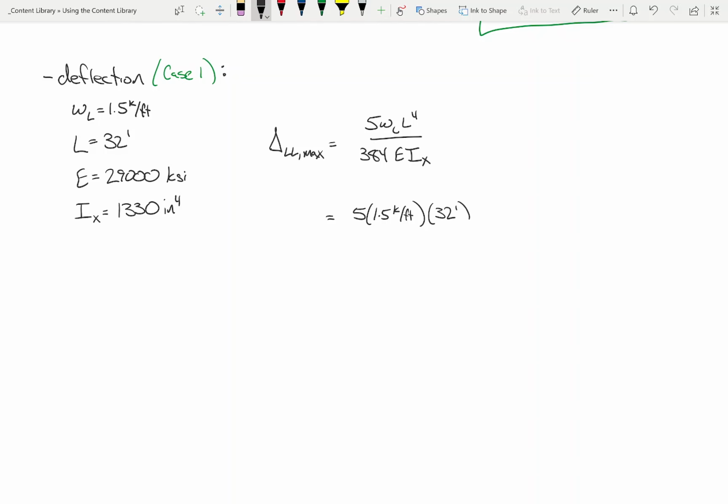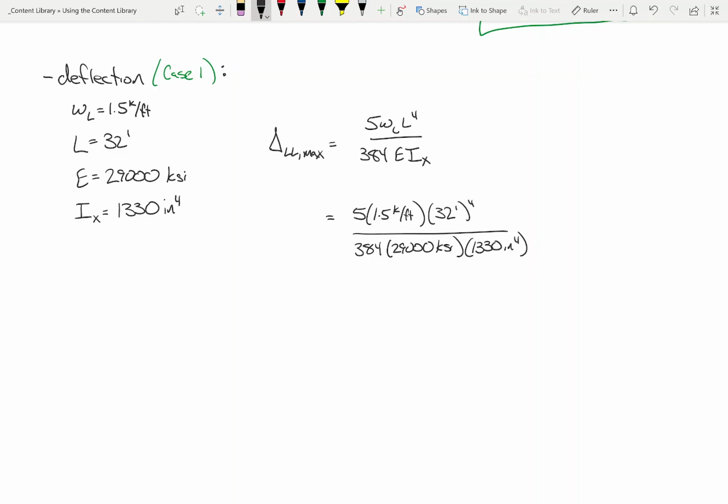Don't forget your exponent. But before you start chugging things in, anybody see something wrong with what I got here on the screen right now? Inches to the 4th. The units are not copacetic, right? On the denominator, we've got ksi and inches, but on the top we have a numerator.